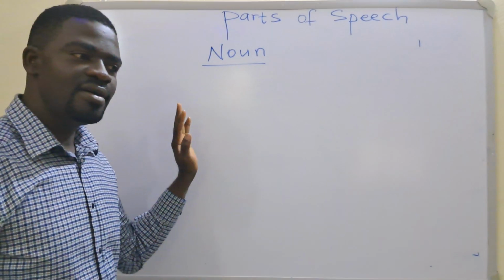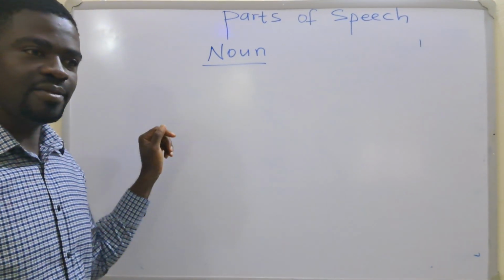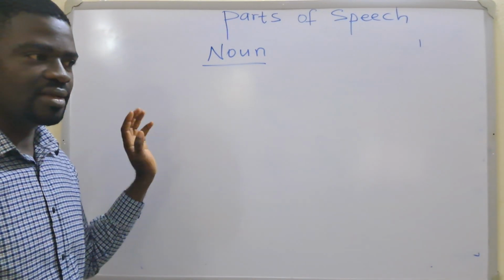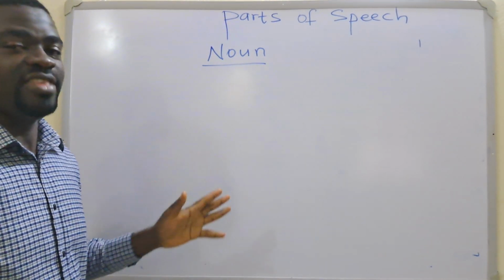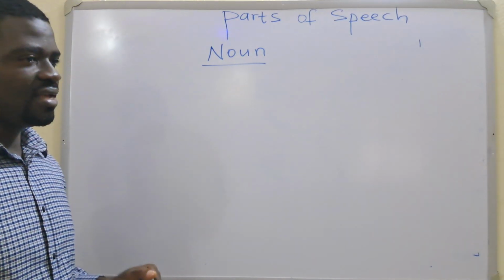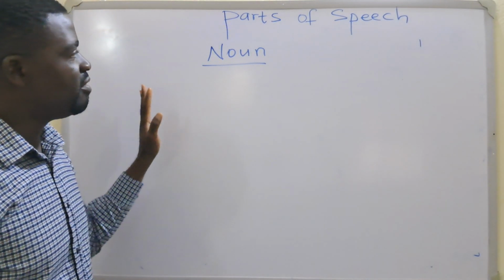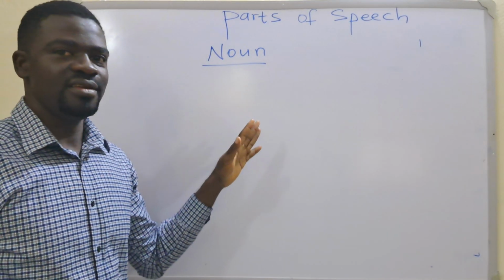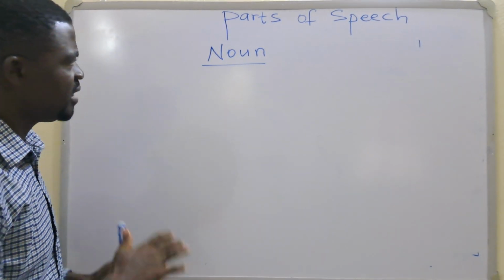A noun, as we were taught back then, is the name of a person, a place, an animal, or a thing. That's a very beautiful definition, by the way. A noun is a name of person, animal, place, or thing. If you remember, we used to recite that a lot in primary school, and that is very good.